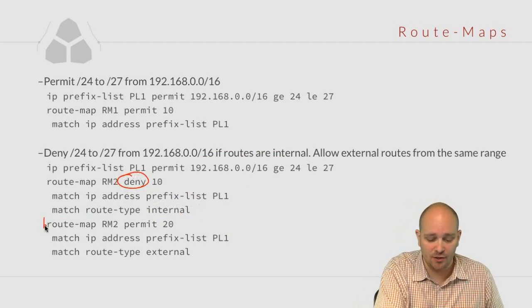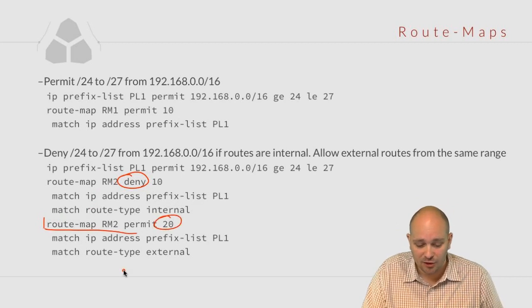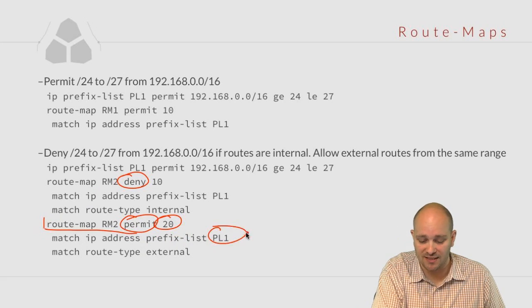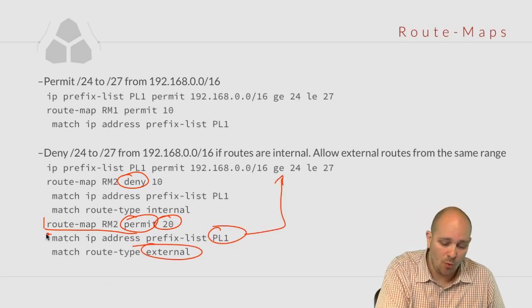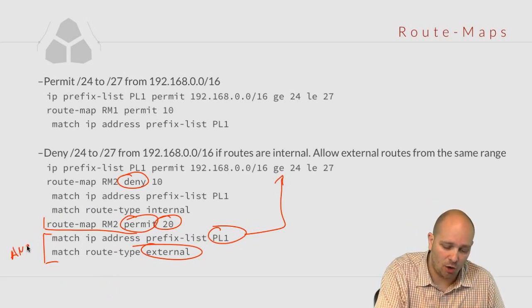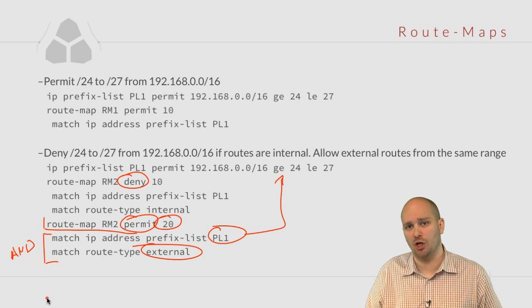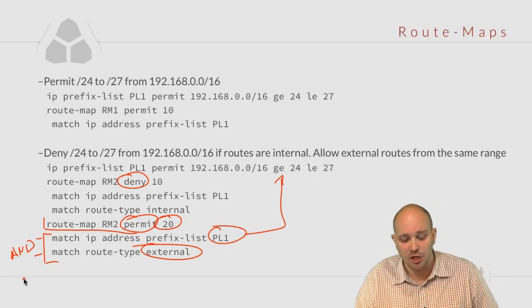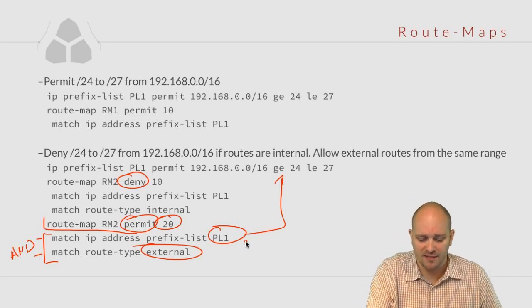Now in the second route map entry with sequence 20 I'm saying permit whatever this prefix list permits, and if the route is external. So when we have multiple match entries here, they are organized with a logical AND operator. That means that this must fulfill the requirements and this here must fulfill the requirements.